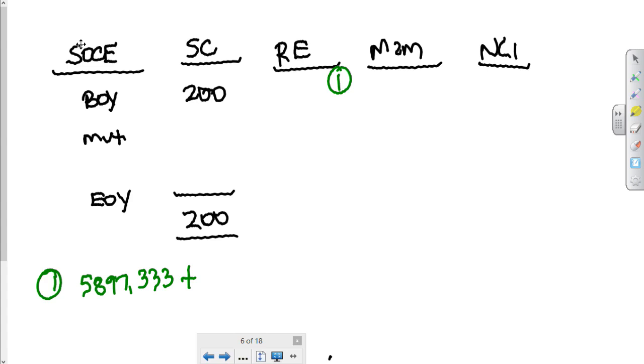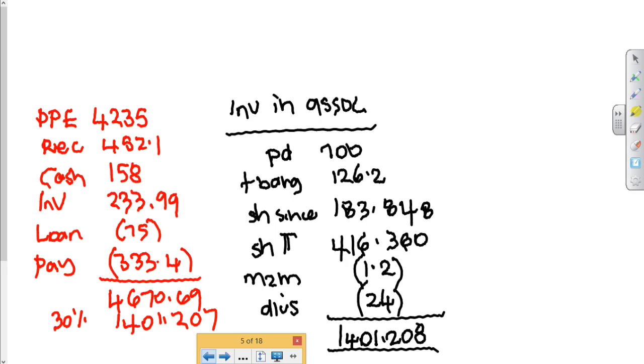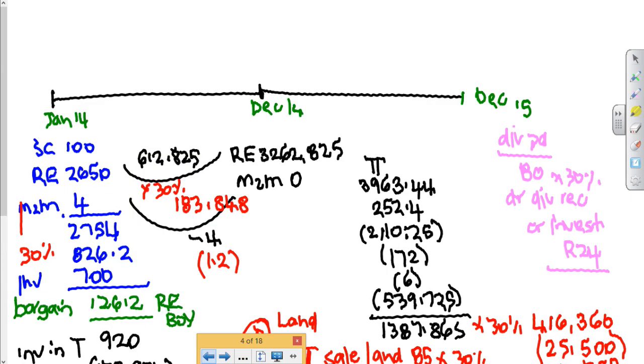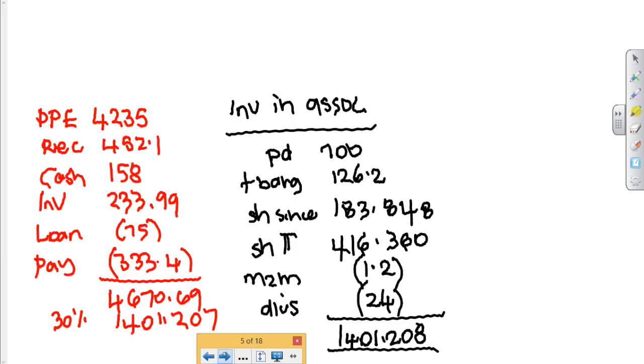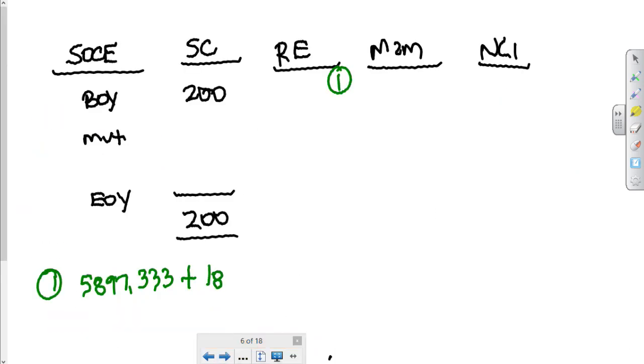So nothing for the subsidiary. And then it would be the since-acquisition retained earnings of Tendu. And that we had worked out, 183,848.